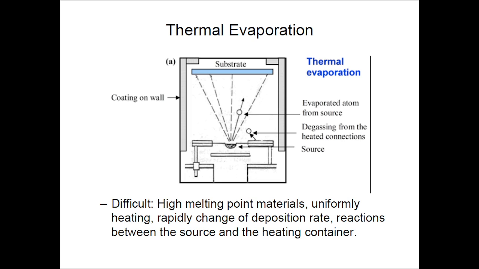We need to heat uniformly, and a rapid change of deposition rate can occur once the reaction starts. So the reaction between the source and the heating container also needs to be taken into consideration. That is a difficult part one has to address. This technique is mostly viable only for high melting point materials.